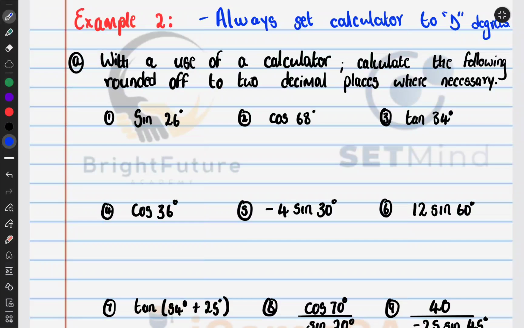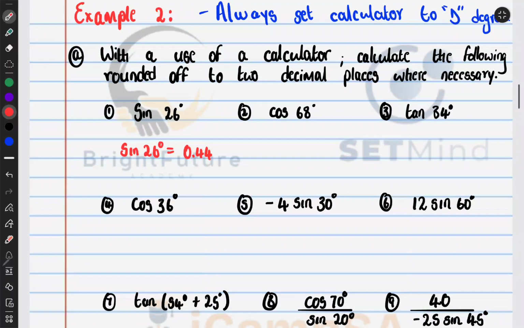What is sine 26? Sine 26 degrees is 0,438, which is equal to 0,44 to 2 decimal places.